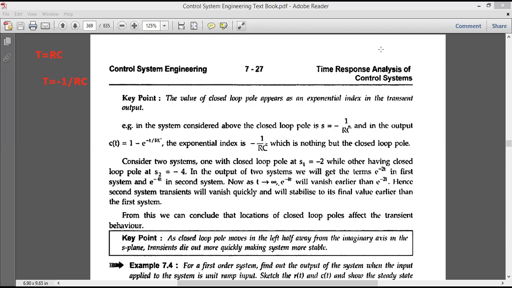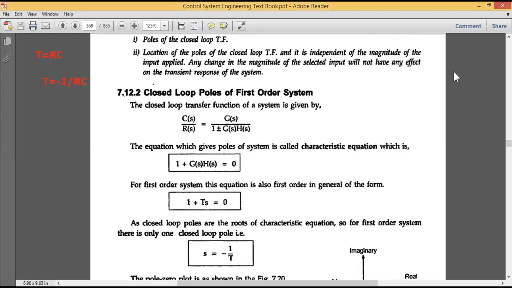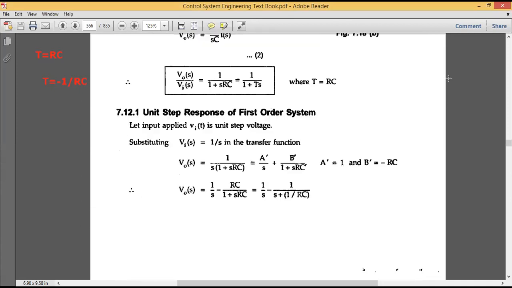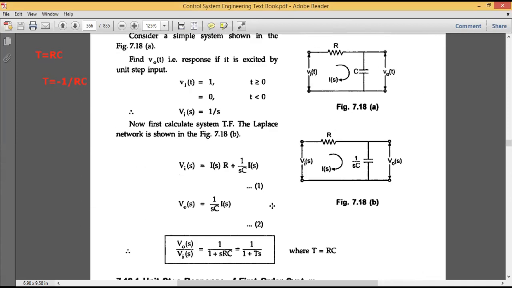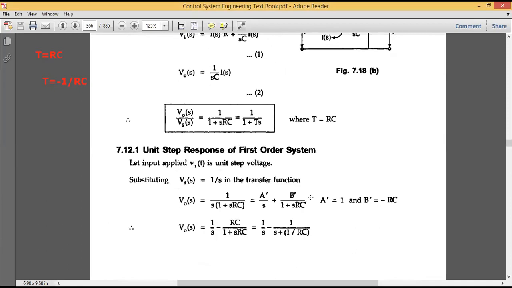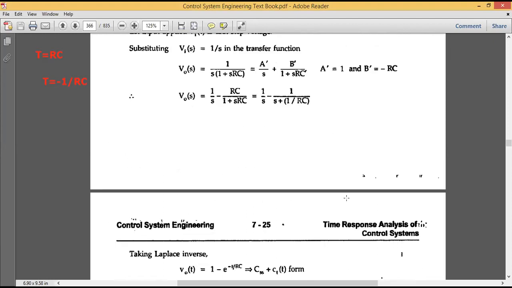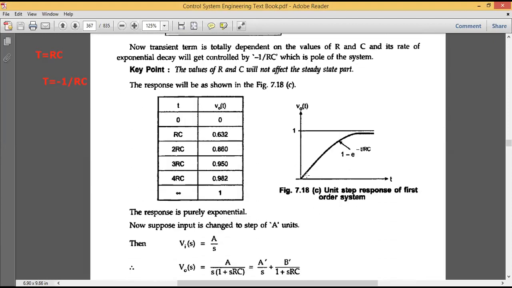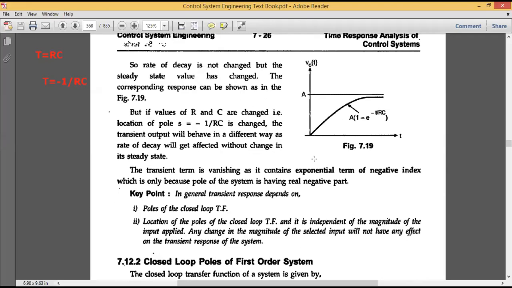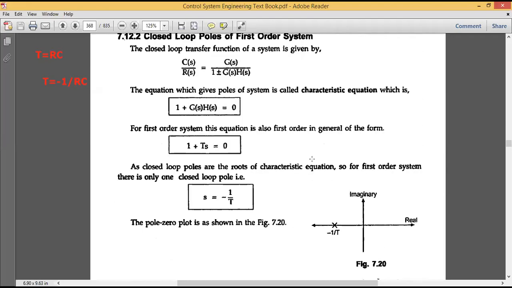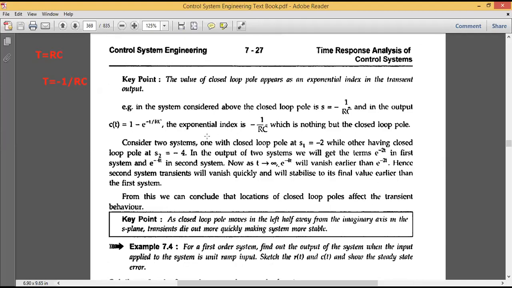For this first order electrical network, if your input is a step signal, that is 1 divided by S, and the value of t is equal to RC, you can see there is an exponential increase given by this graph, and for that closed loop function we get an exponential index denoted by 1 divided by RC.